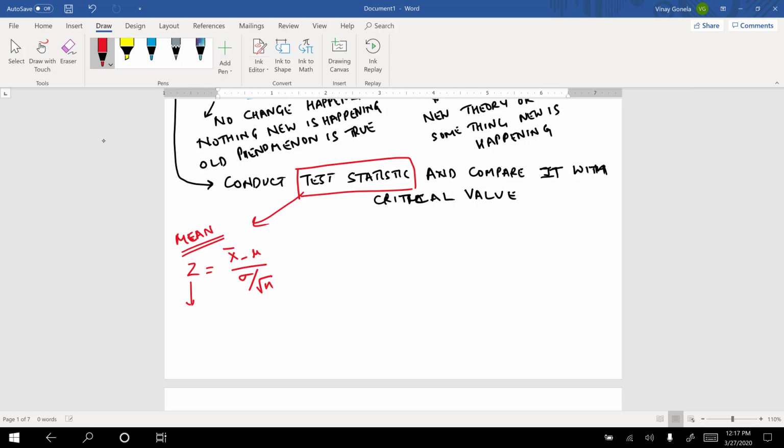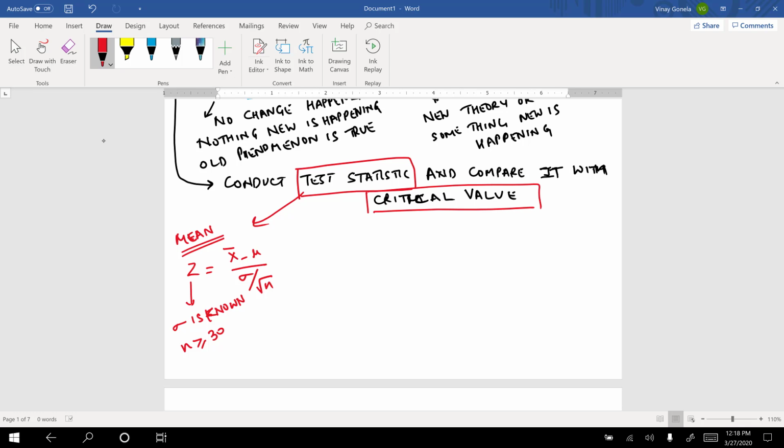So z stat is used when the population standard deviation or variance is known, and n is greater than or equal to 30. We use this test statistic and compare it with the critical value.